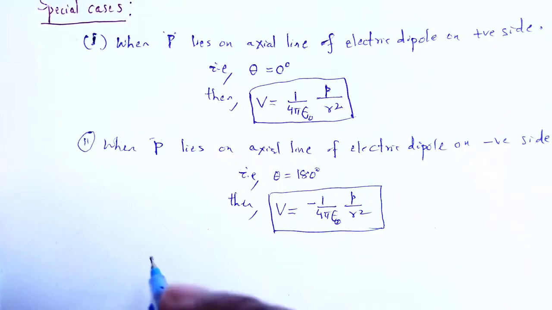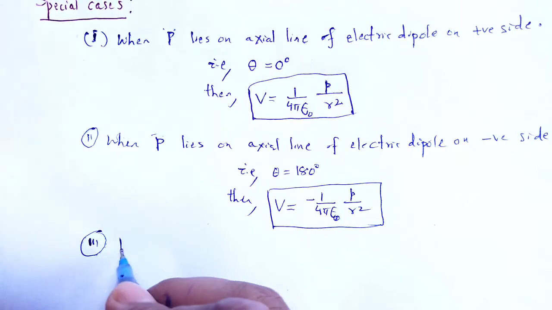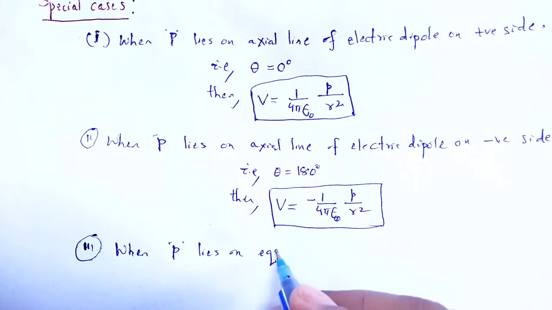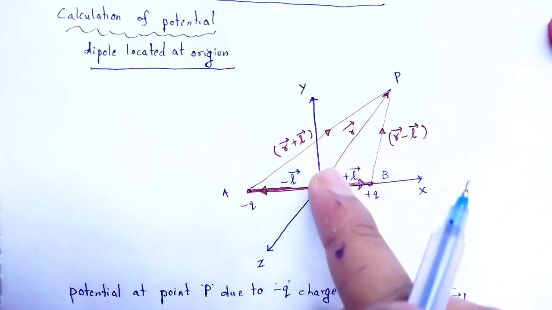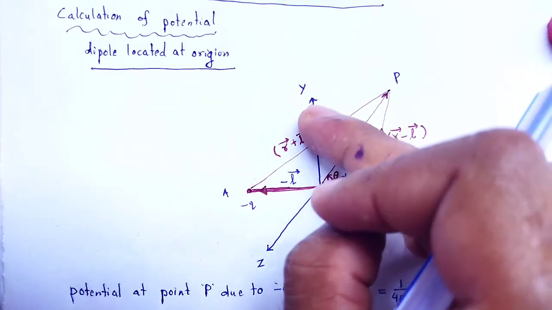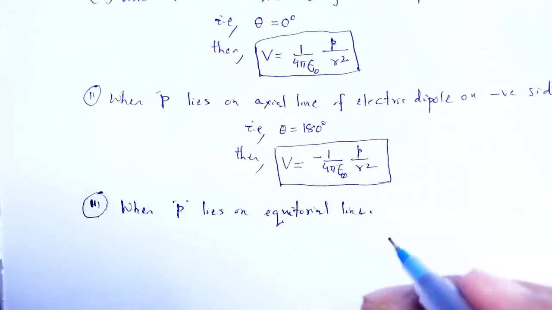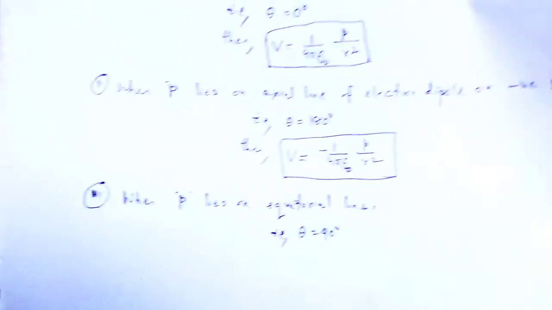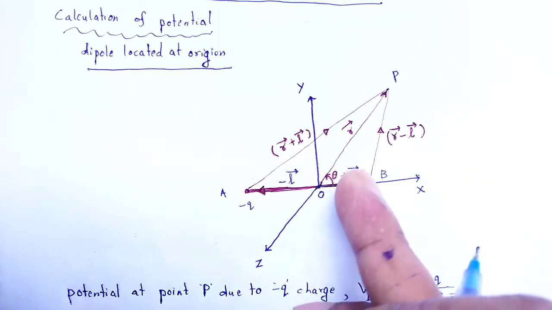Another condition, when P lies on the equatorial line. Look here, what is the equatorial line? This line is the equatorial line. If P lies on the equatorial line, then the angle theta is 90 degrees. When it is axial positive direction, theta is 0 degrees.